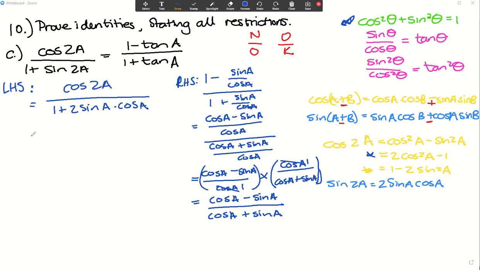So we end up having cos 2A over 1 plus 2 sine A cos A. When I see this in factorizing scenarios and I can't go any further, it sometimes means that this needs to become my middle term. So I need to have a cos somewhere and a sine somewhere to be able to get this to be a middle term.